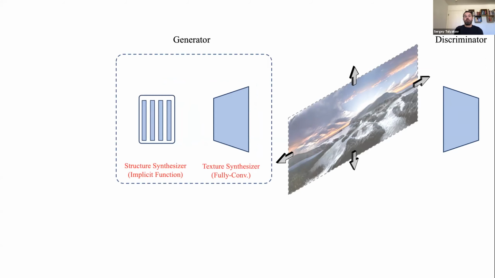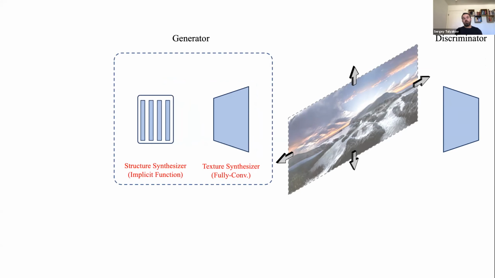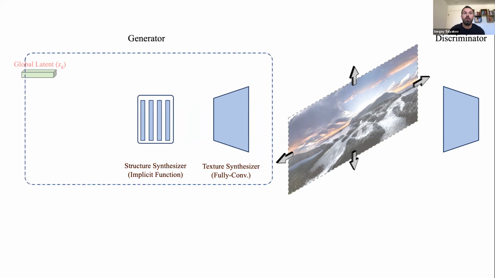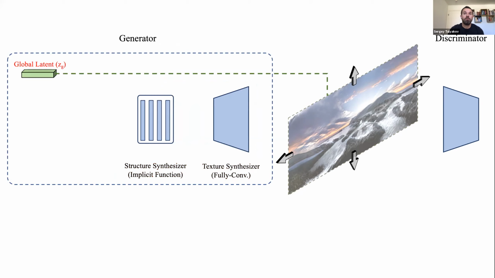So the generator consists of two parts. One is the structure synthesizer, one is the texture synthesizer. And we have a global latent. We assume that the whole image has some global holistic appearance that can be modeled by the global latent. This global latent is passed to both the structure synthesizer and the texture synthesizer.